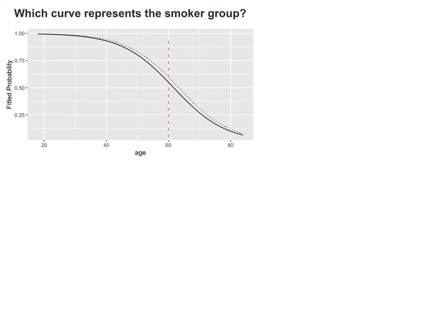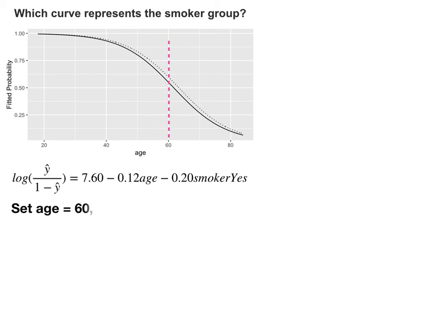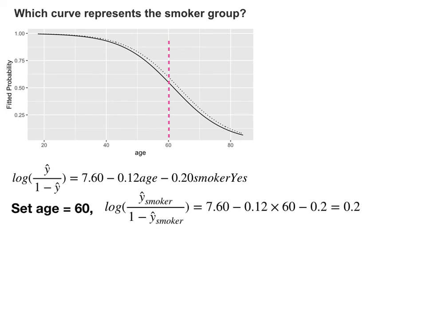One way we approach this problem is by thinking about specific age levels, for example, age equal to 60. According to the fitted model, we can obtain the log odds for smokers at 60 years old. If we put in age equal to 60 and smoker yes equal to 1, we get 0.2 as the log odds. This gives us the probability of survival for smokers, which is 0.55.